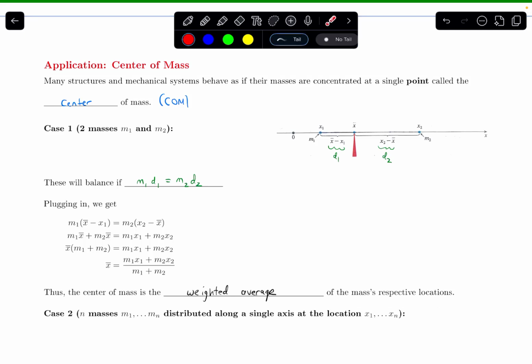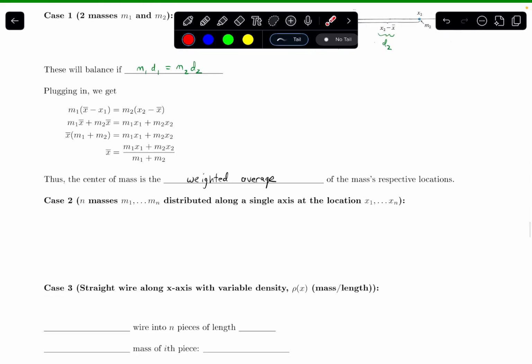Okay, let's go one step up now. What if we have n of these masses distributed along a single axis with x-coordinates x1 up until xn? Let's draw a picture. Along a single axis, I'm going to place several masses. The first one is m1 at x1. A little after that, a much bigger mass, m2 at x2.